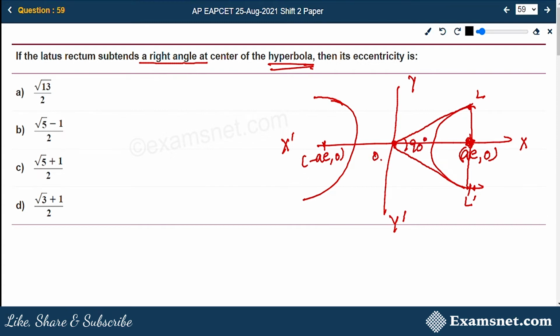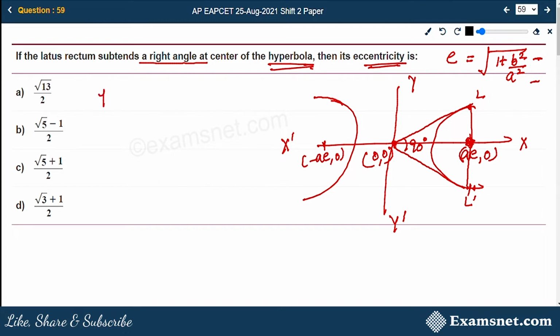This center has the coordinates (0, 0), right? So we have observed a number of the things which are given in this question. You have to find out the eccentricity. You should be aware the formula for the eccentricity is root of 1 plus b square upon a square. So that means you have to find out b and a and our question will be solved.